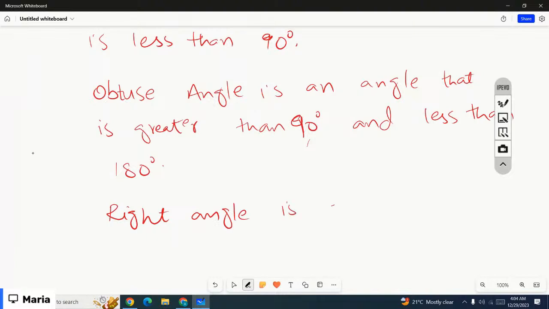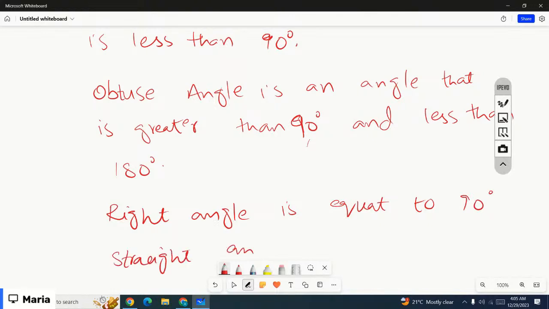A right angle is equal to 90 degrees and a straight angle is 180 degrees. Got it?